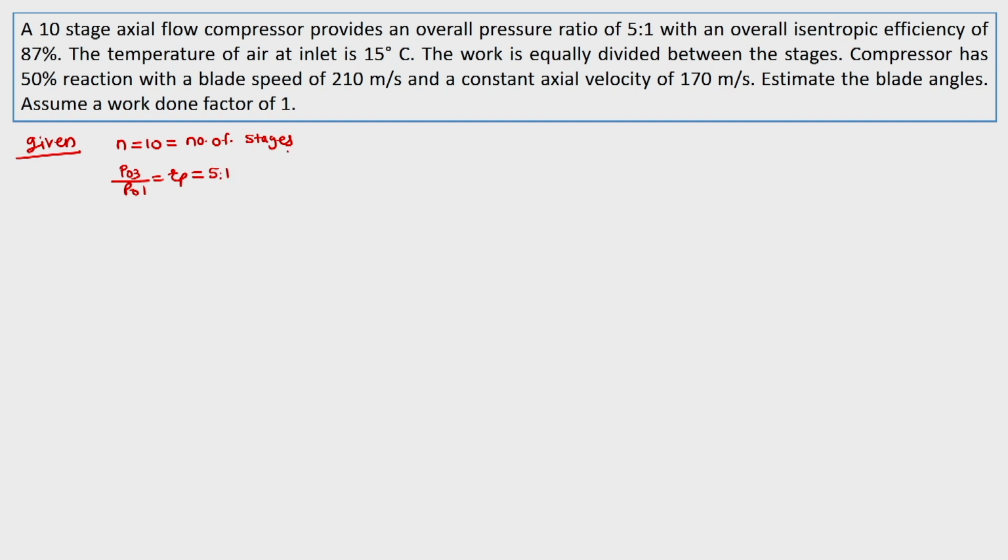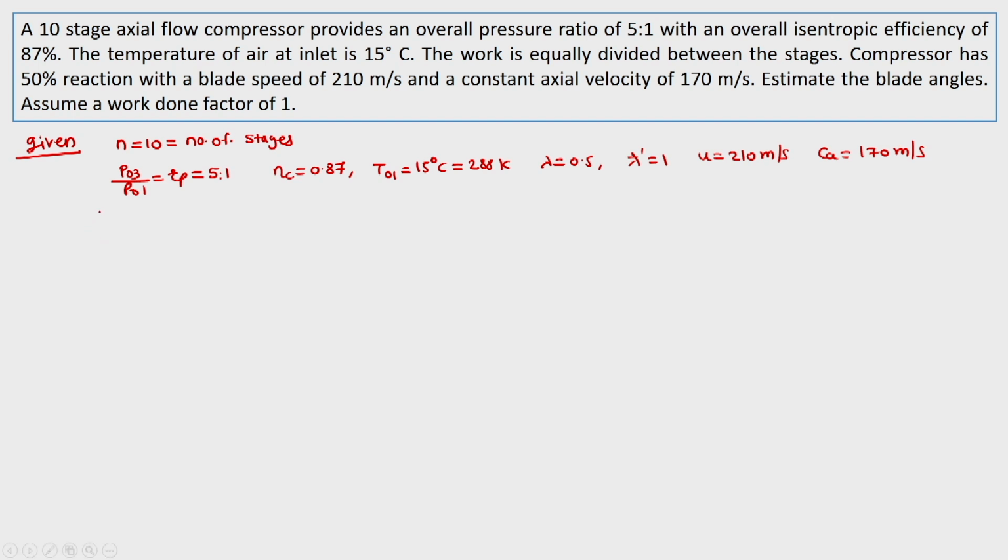Then overall isentropic efficiency is told as 87%. Inlet initial temperature is told as 15 degrees Celsius, which is 288 Kelvin. Lambda is told as 0.5. Work done factor lambda dash is said as 1. Blade speed U is equal to 210 meter per second and axial velocity CA is 170 meter per second.